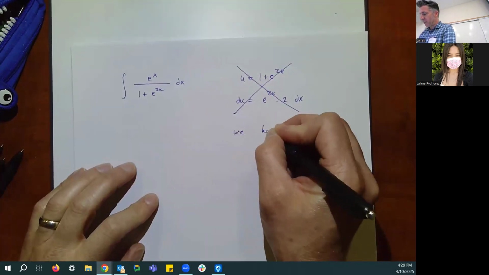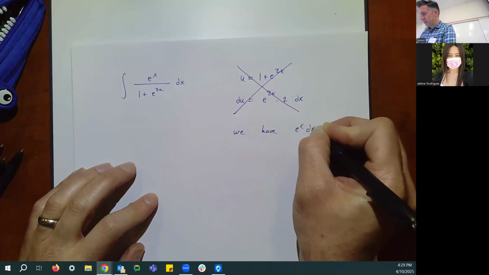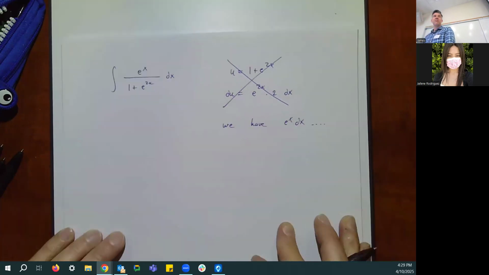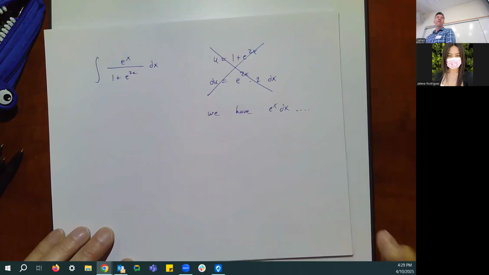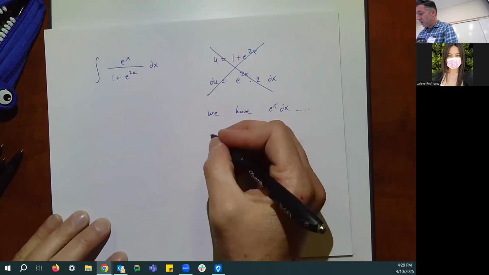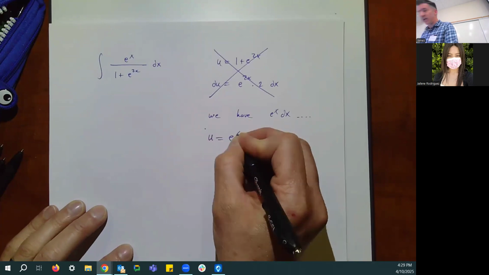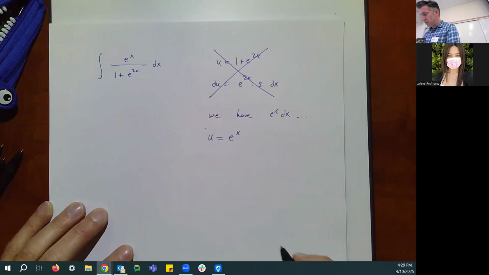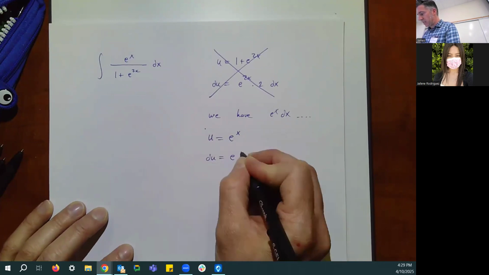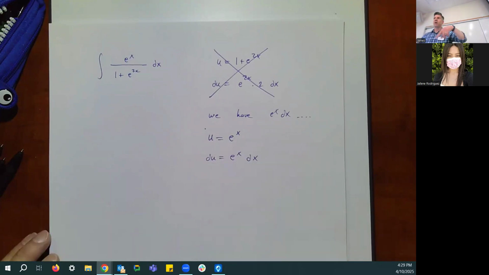We have e to the x times dx, meaning it might be useful to choose a function whose derivative is equal to that. In other words, we might choose u equal to just e to the x, because our du is e to the x times dx. All right, here is an example of if you do the things in the wrong order, it's going to be terrible.